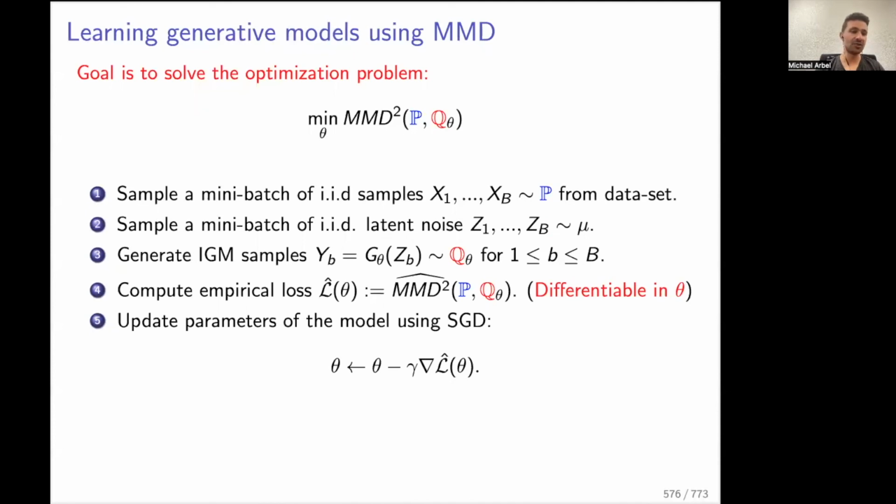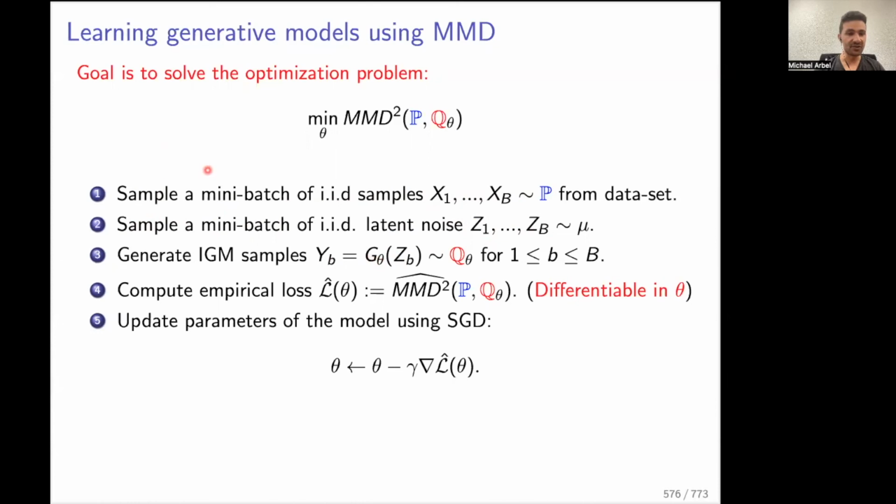And in that case, what you can do is just sample at each iteration a mini batch of data and then sample another batch of latent noise. And for each of these noise, you can compute a sample from the model just by feeding the noise to the generator network.